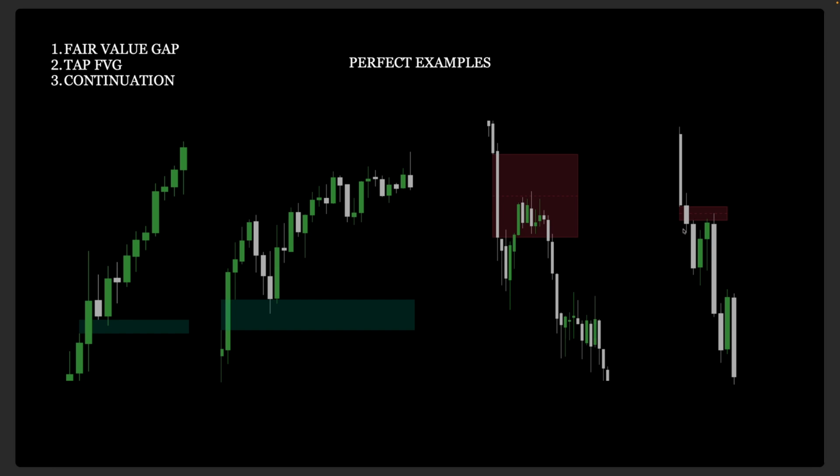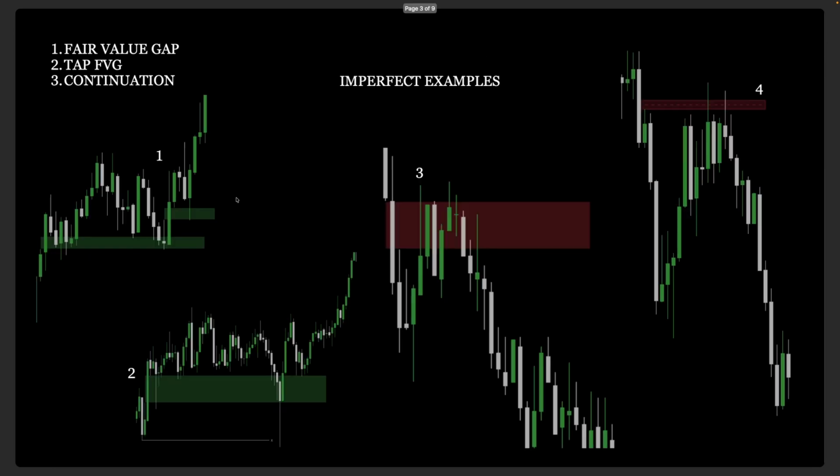Here you can see again, it is perfectly respecting the 50% level. So the 2022 model also has a lot of imperfect examples, right? So this bullish displacement right here, price closed almost at 75%, went back, came back, touched it again. So there's no rhyme or reason to this, right? Except for the fact that it is still being respected. This example, price closed almost at the bottom of this gap.